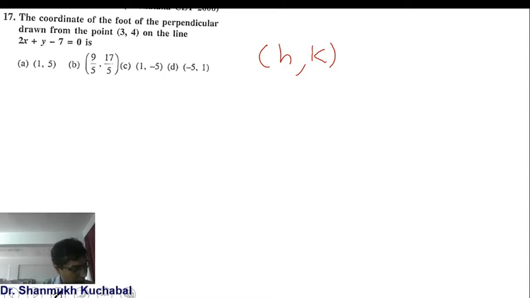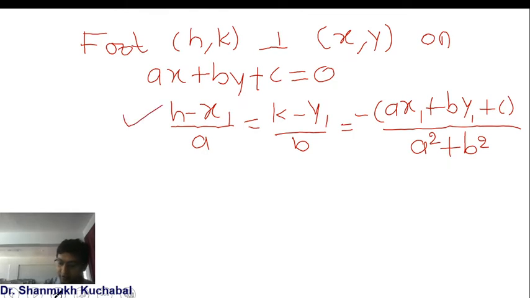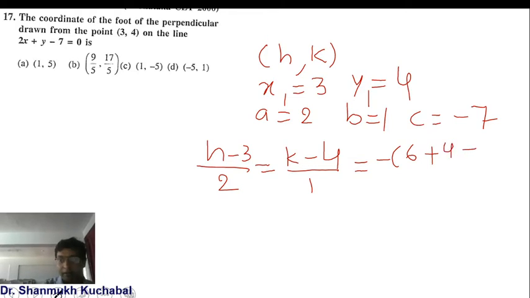From the point (3, 4), we substitute in this equation: x1 is 3, y1 is 4. Next, a is 2, b is 1, and c is -7. Substituting in this equation, we get (h - 3)/2 = (k - 4)/1 = -(6 + 4 - 7)/(4 + 1).